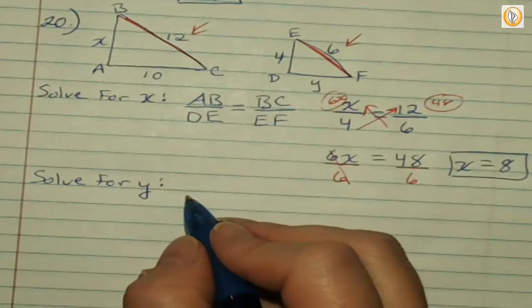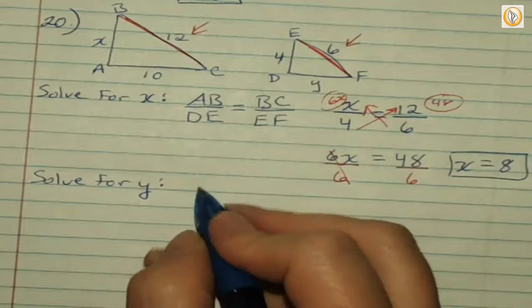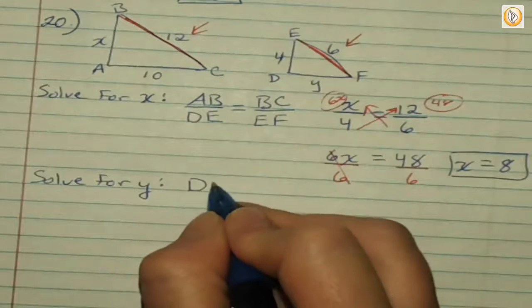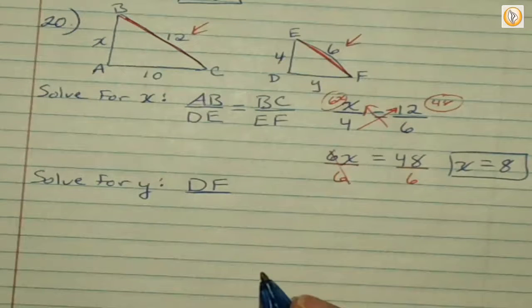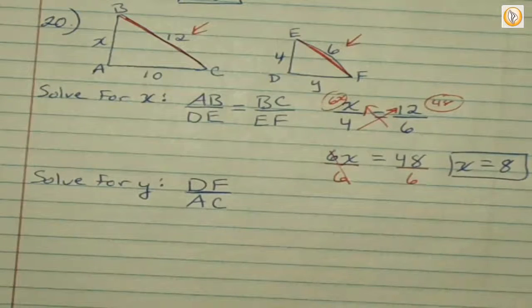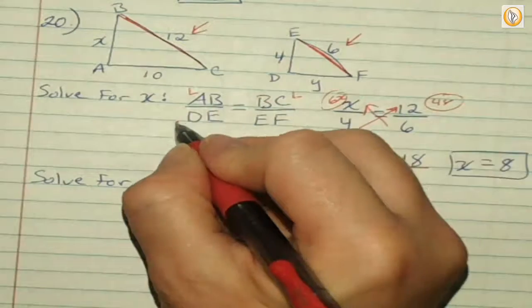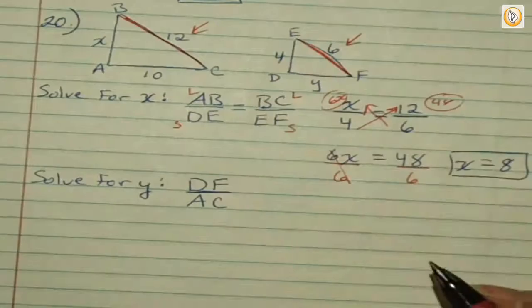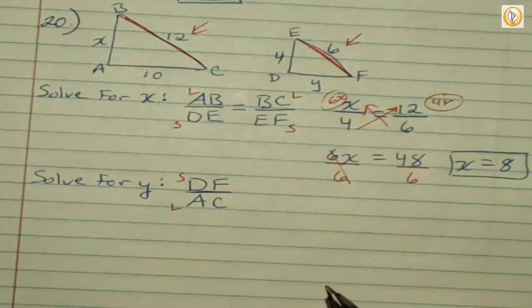DF. Okay, so you want to put the small one on top first? That's absolutely okay. So what do I put on the bottom then? AC. Very good. So notice on this one, we had large on top, small on the bottom. She's decided she wants to put the small on top and large on the bottom.